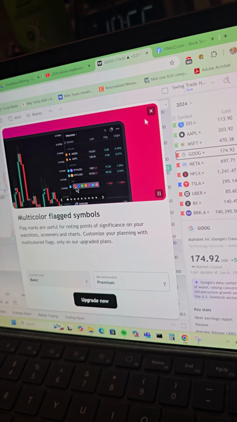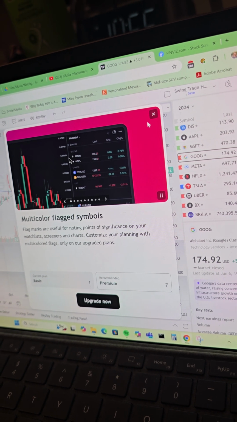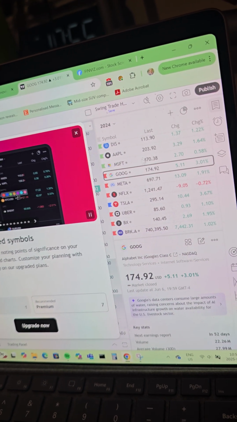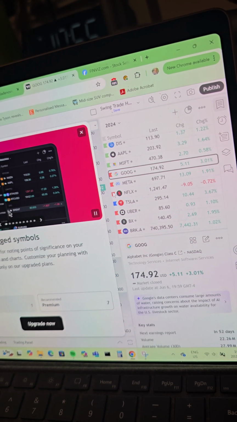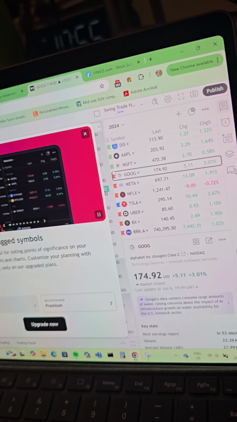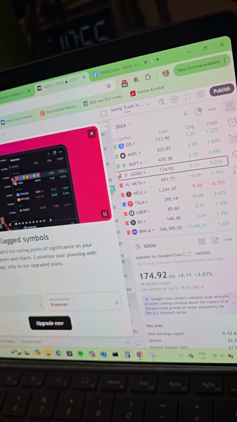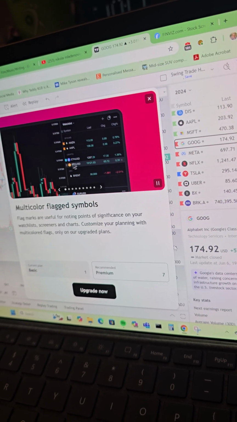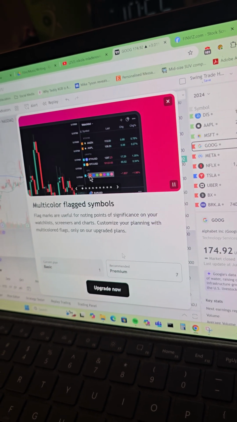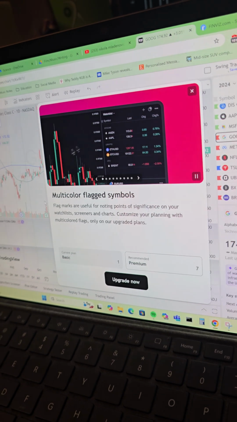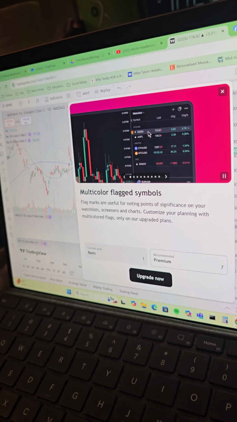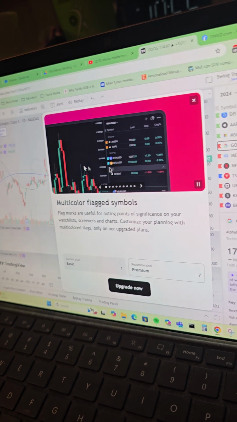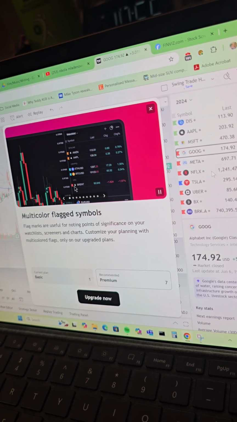It's the dirtiest form of capitalism I've ever seen. I cannot change the color. How pathetic is that? I get all these other features, not some sort of special indicators or forecasting and analyst reports in the upgraded plan, just to change the color.